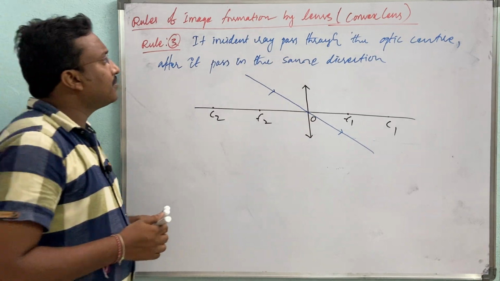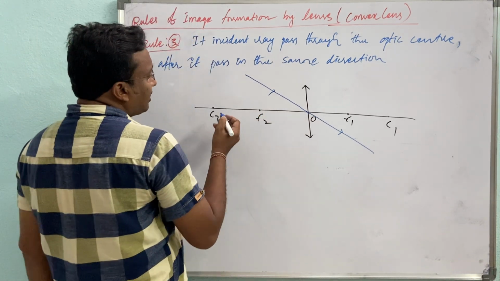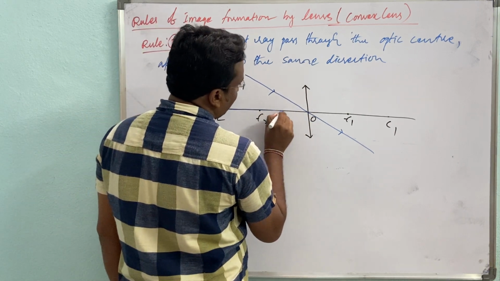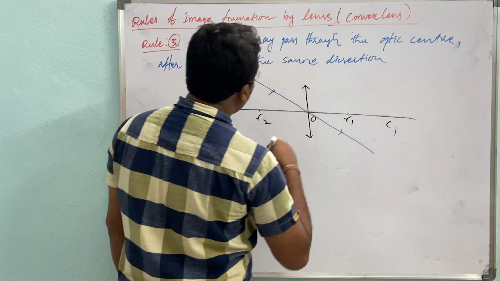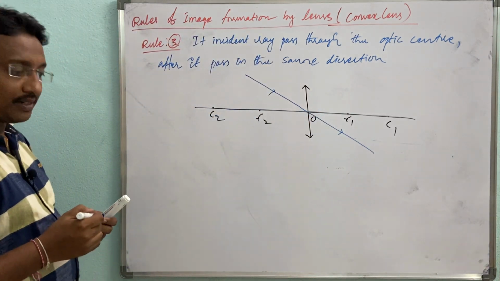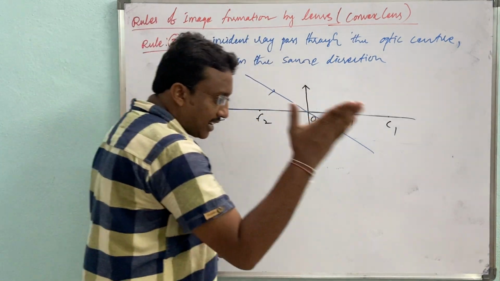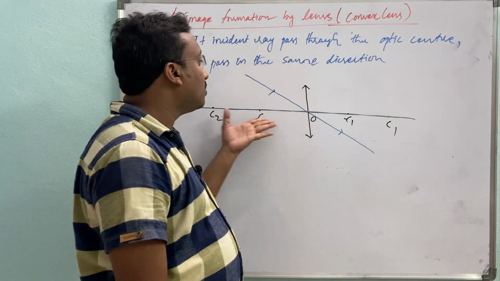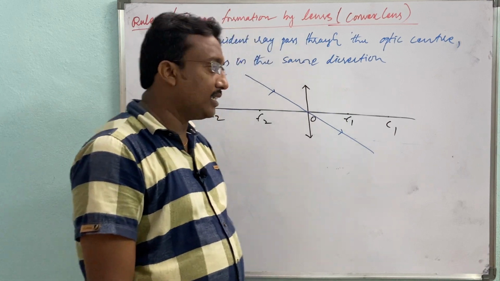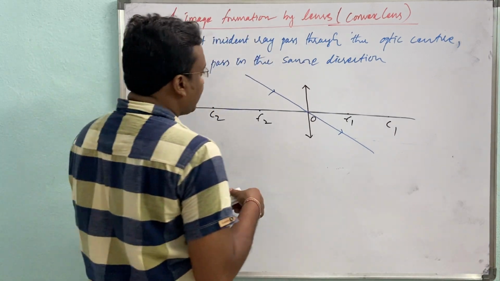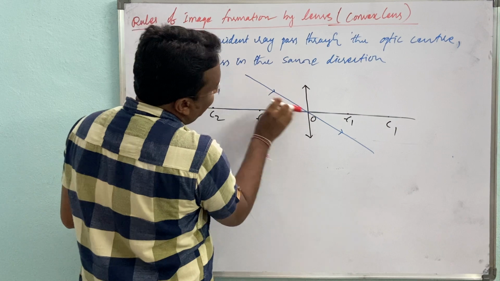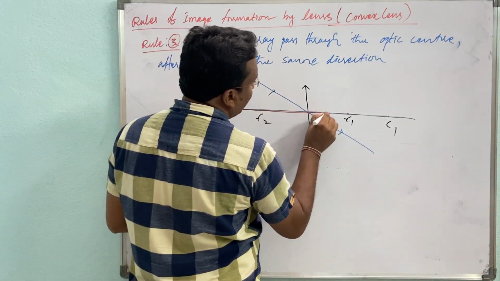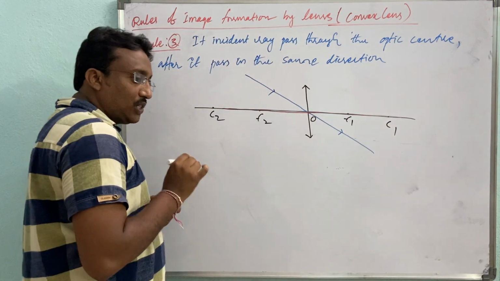And at the same time, if the incident ray passes along the principal axis, here you can take both, it also travels straight. Why? Because the ray acts as a normal to the lens. Got it? In these 2 cases, if incident rays pass through the optic center, and if incident rays pass along the principal axis, there is no deviation.